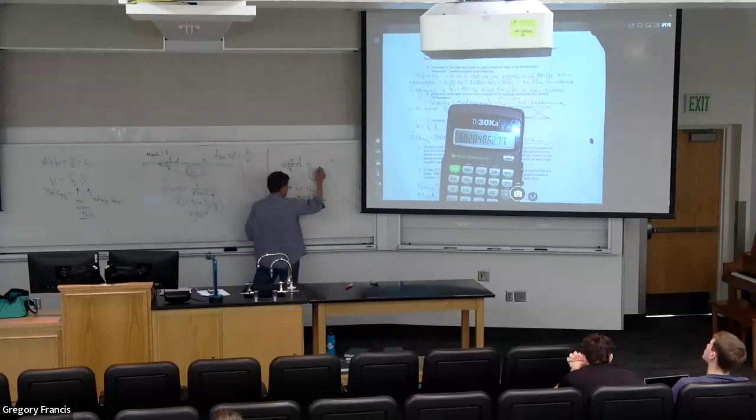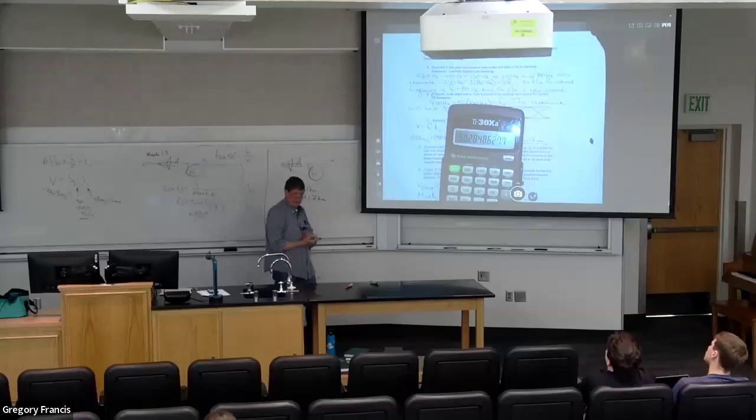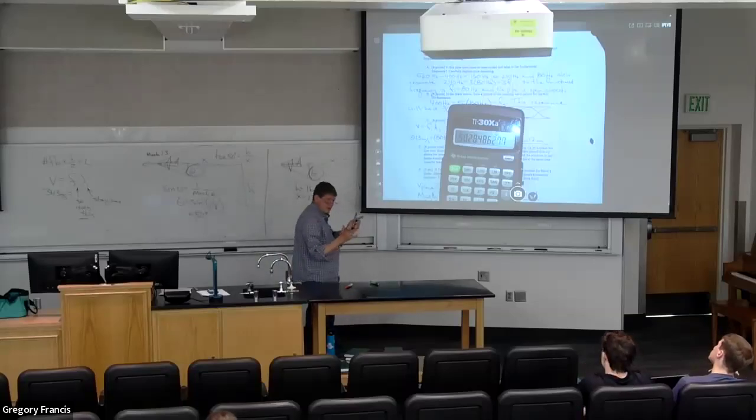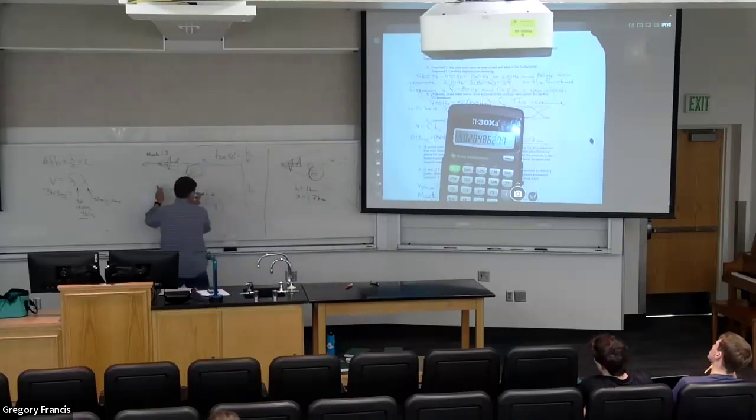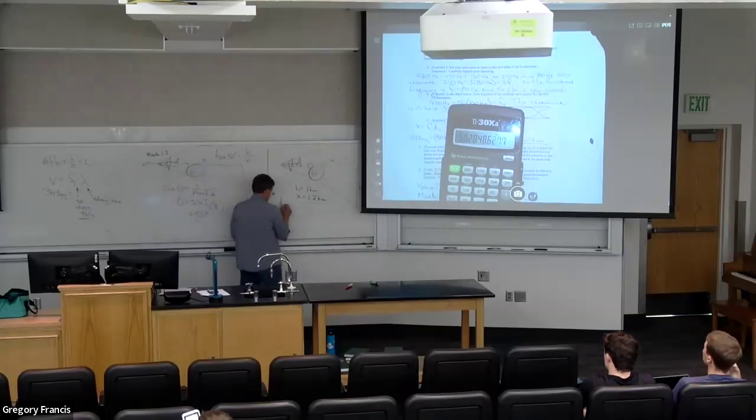I first of all find the theta, but this time I find the theta from the geometry, not from the Mach cone formula. And so I say the tangent of theta is equal to the opposite over the adjacent.